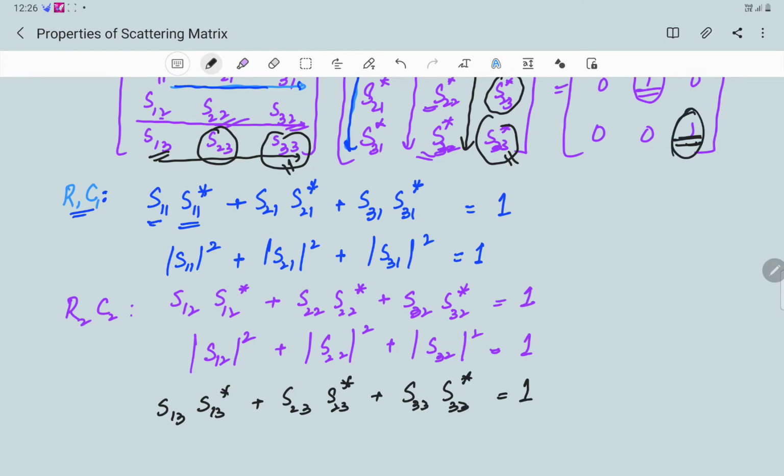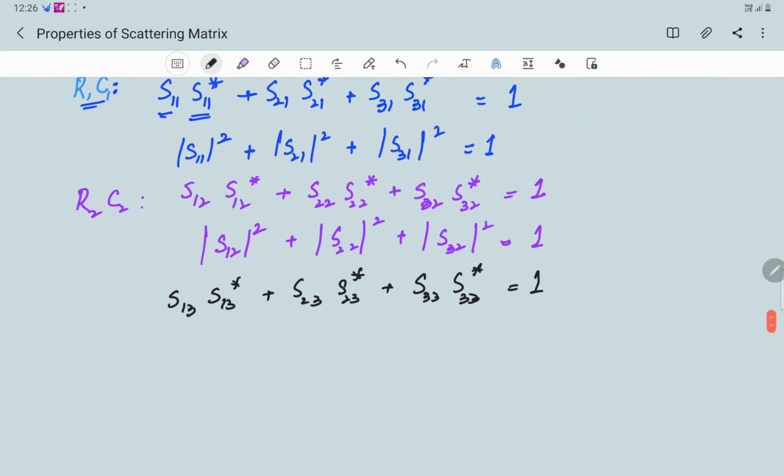So that means modulus S13 square, because again I repeat, multiplying a complex number with its conjugate gives its modulus square, plus modulus S23 square plus modulus S33 square is equal to 1.